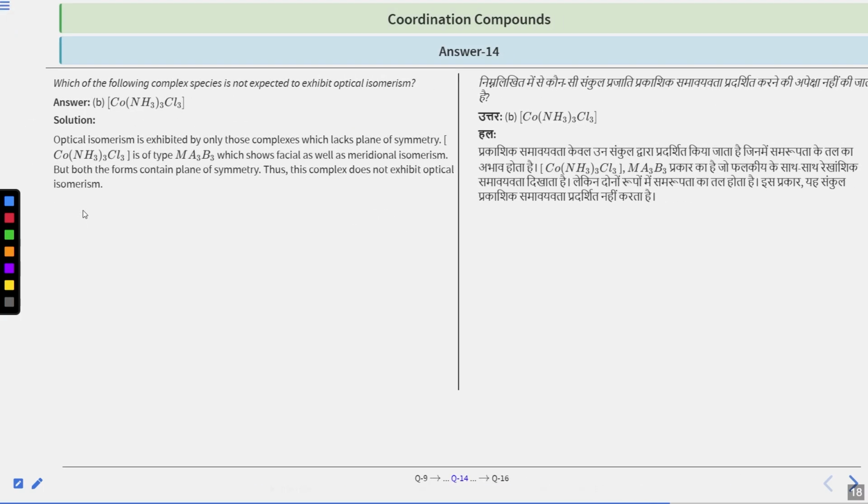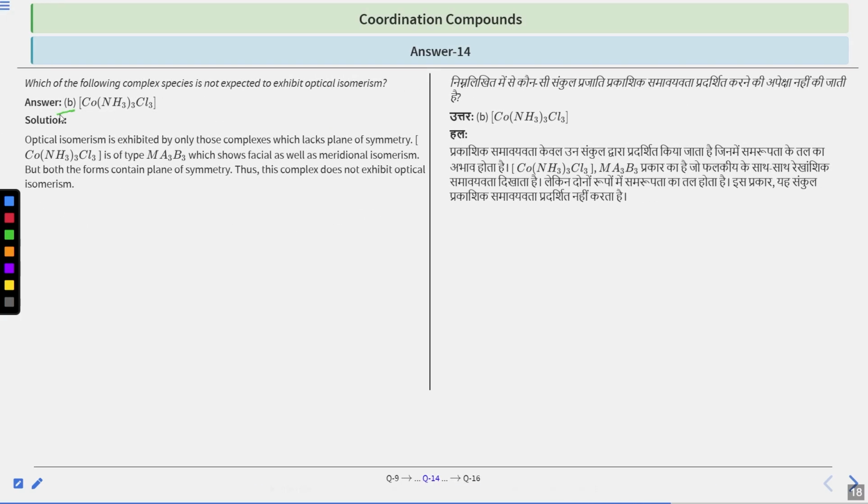Okay, let's see. The correct answer is option B, that is cobalt NH3 thrice Cl3. Optical isomerism is exhibited by only those complexes which lack a plane of symmetry. So cobalt NH3 thrice Cl3 is a type of MA3B3 complex, right?